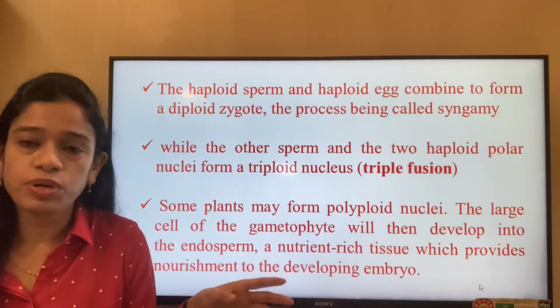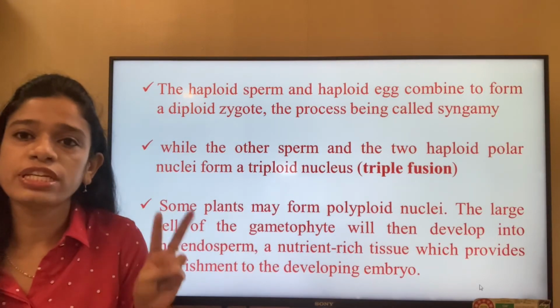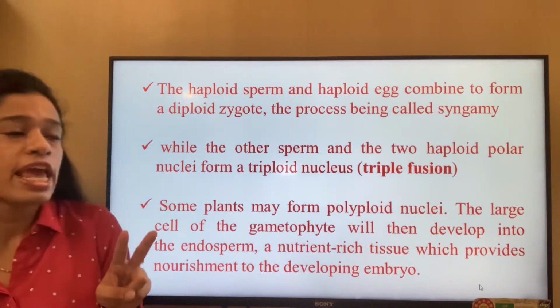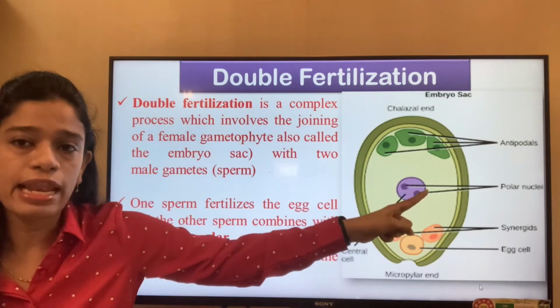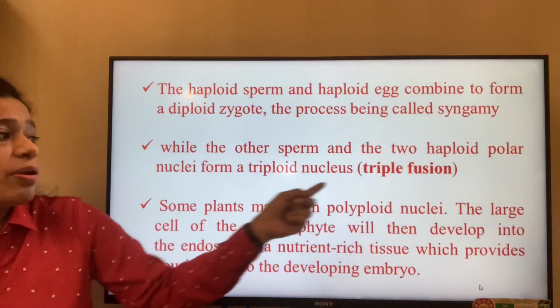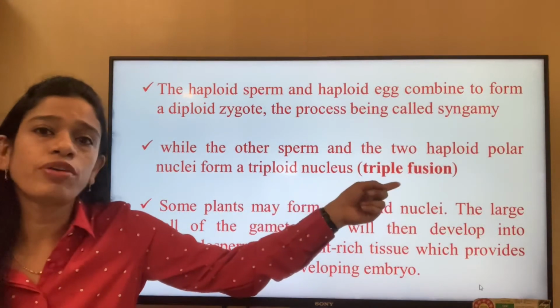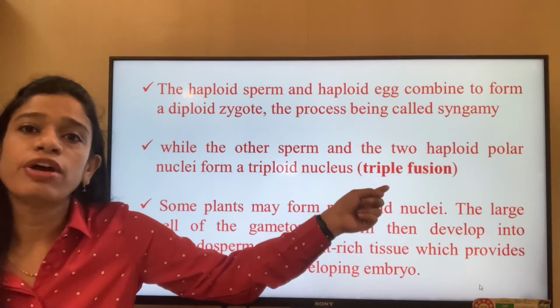While the other sperm, because each pollen has two nuclei, undergoes fusion with the polar nuclei of the middle cell, forming a triploid nucleus, a triple fusion.